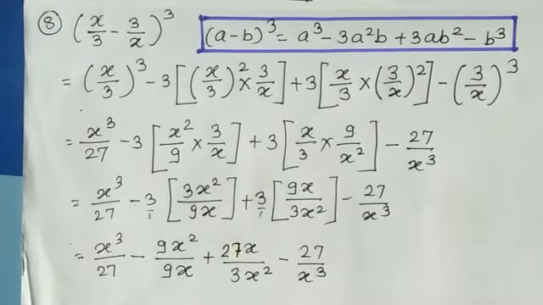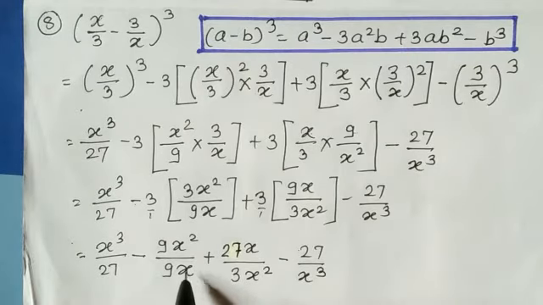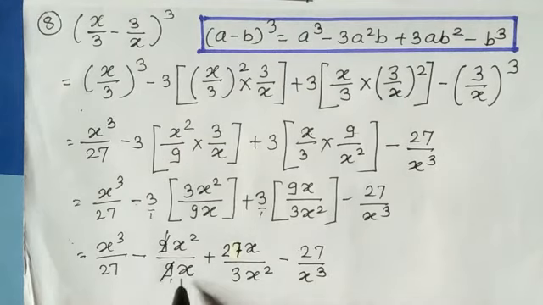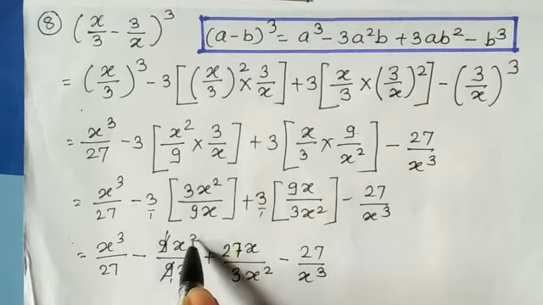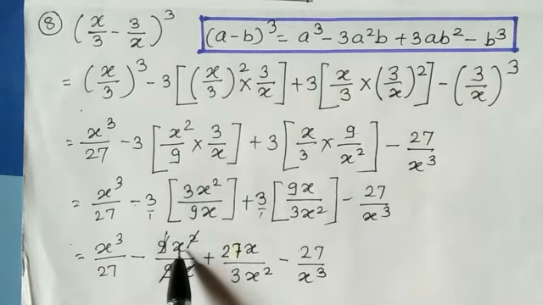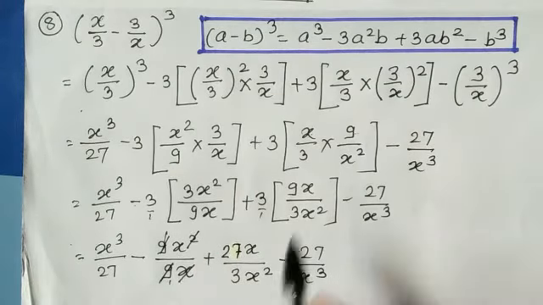Now students, observe very carefully how and what to cancel. Here 9x is there. 9 ones are 9, 9 ones are 9, so it will be cancelled. From this x and this x square, one of the x will be cancelled. So from this calculation only x remains. Let's see here.